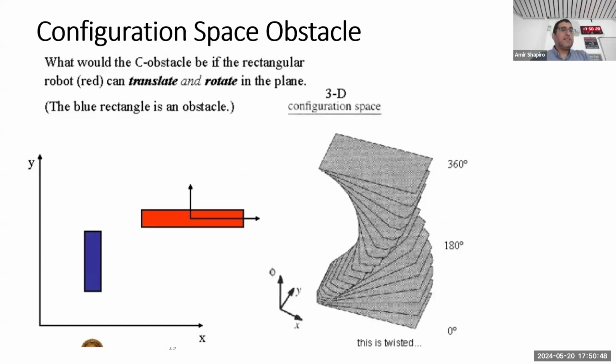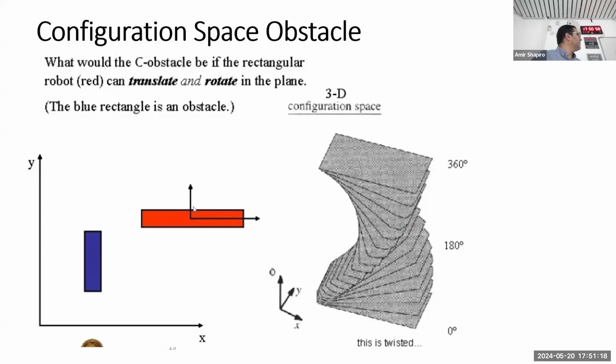So let's say we have a rectangular robot, the orange one. This is the robot, and it has a local reference frame.